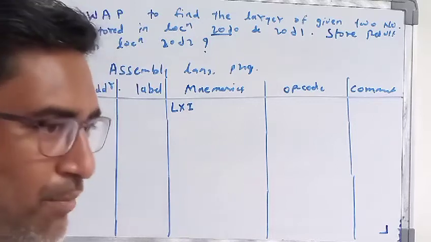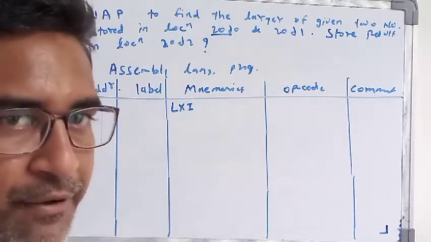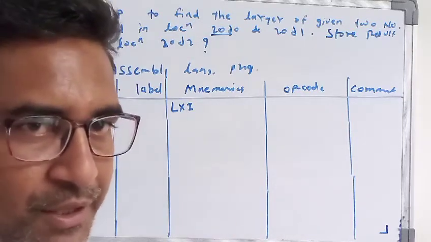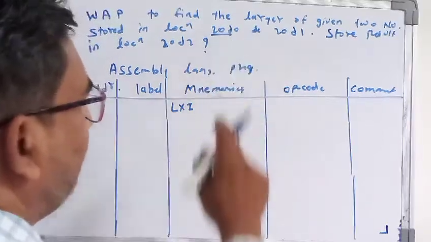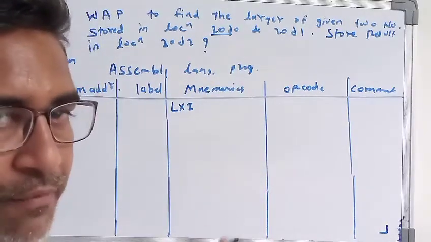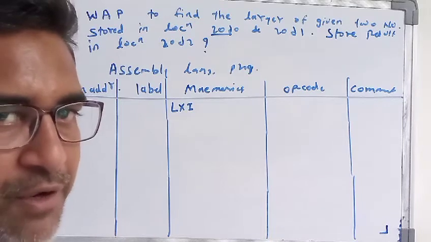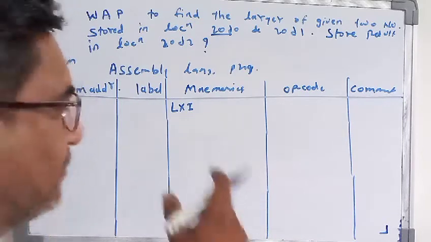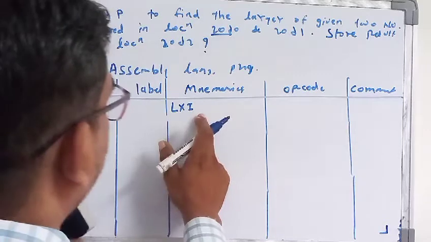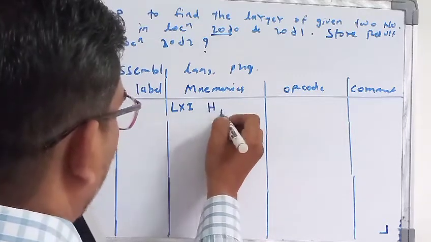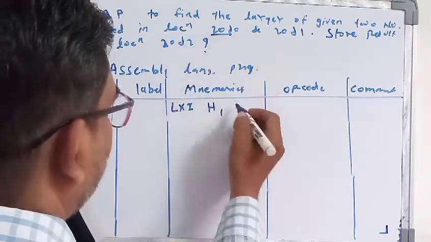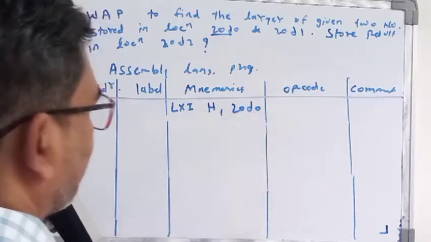LXI means load immediate: the content of the first address, in the first location, we have to load. Whatever data is present in that location, we have to load that data. That's why the LXI instruction is used. LXI H comma, what is the first address? It is 20D0.